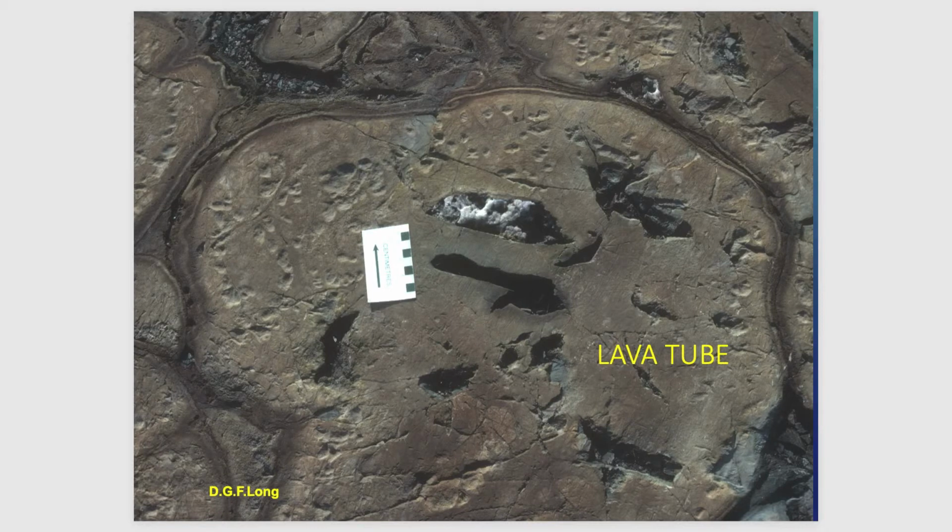Here is an example of a lava tube, and you can see the characteristic crust, a very thin crust forming, which is commonly related to the interaction of the magma with seawater.